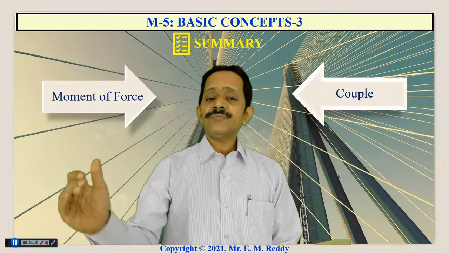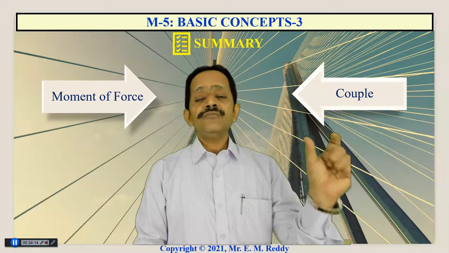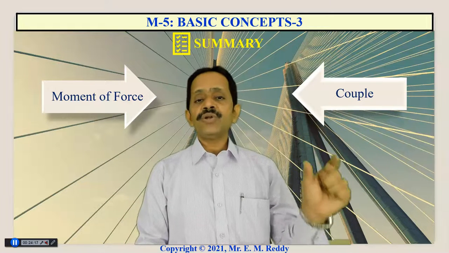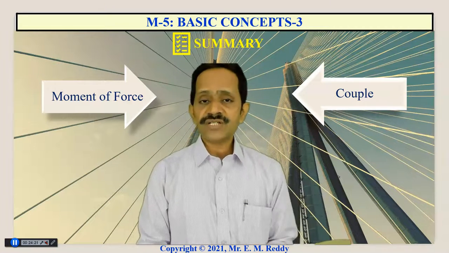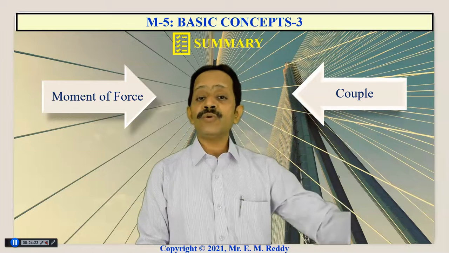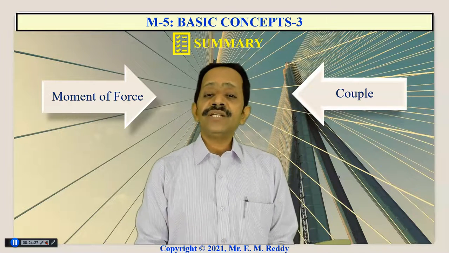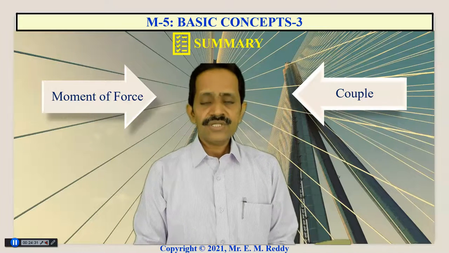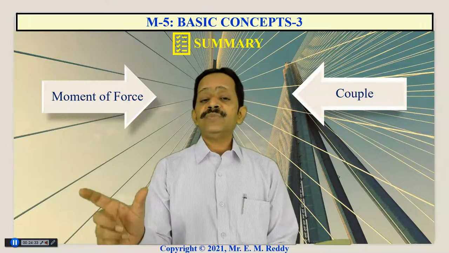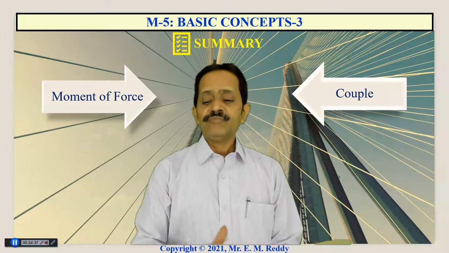The rotational effect produced by the couple is known as moment of couple. Moment of force is calculated by taking the product of the magnitude of force and the perpendicular distance from the line of action of the force to the point about which the moment is to be taken. Whereas moment of couple is calculated by taking the product of the magnitude of any one of the forces and the perpendicular distance between the two lines of action of the forces.